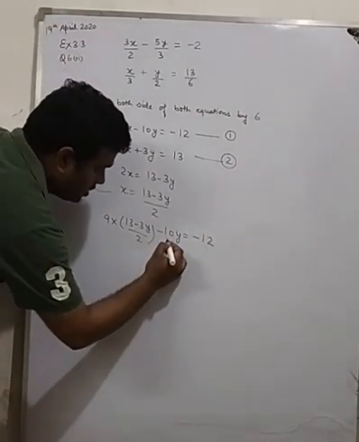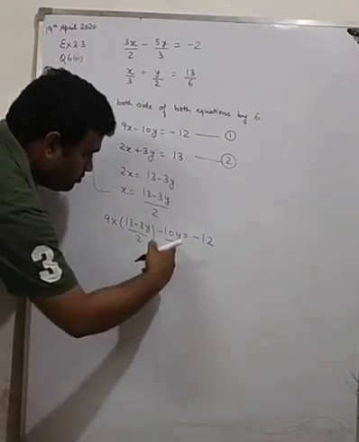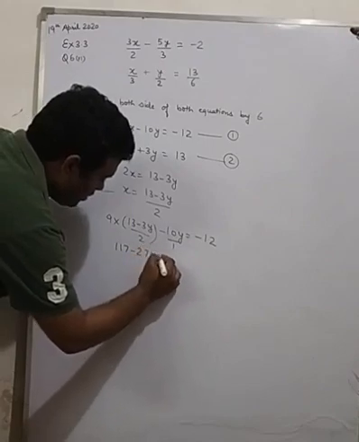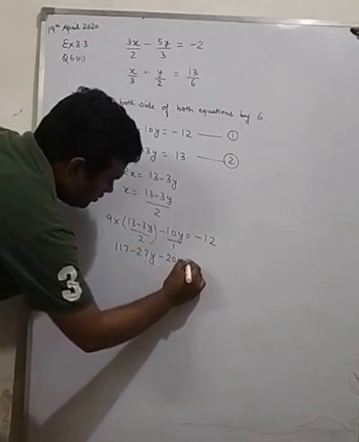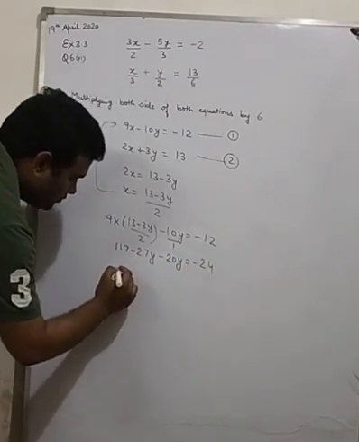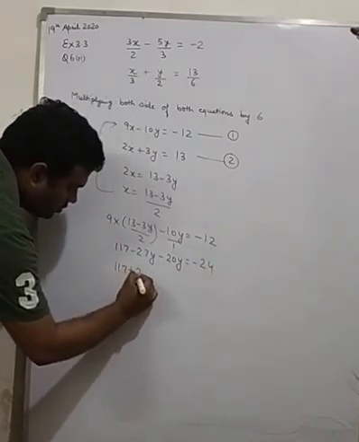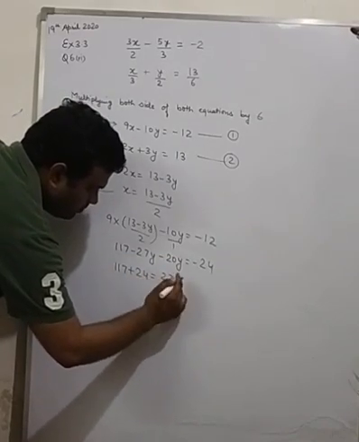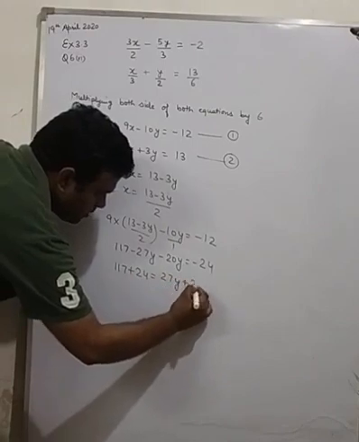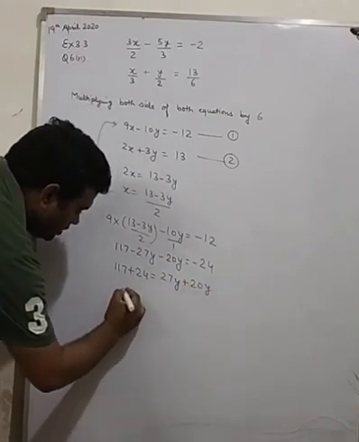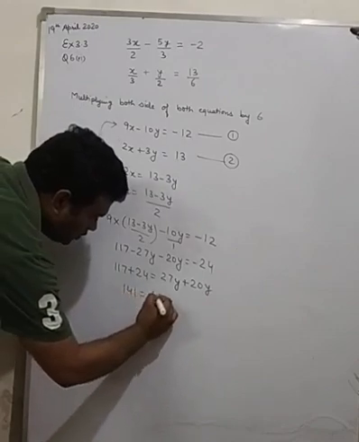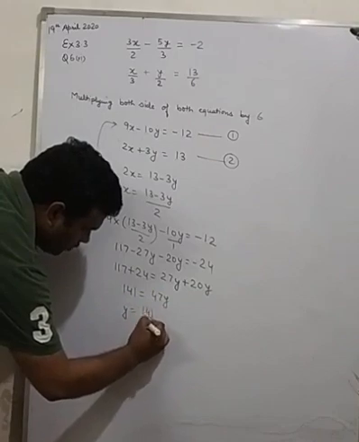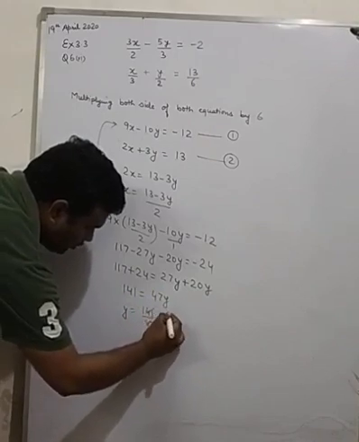I am taking this 2 as an LCM, and this will become 117 minus 27y minus 20y is equal to minus 24. If we transfer this, 117 plus 24 is equal to 27y plus 20y. And this is 141 is equal to 47y, or y is equal to 141 by 47, that is 3.